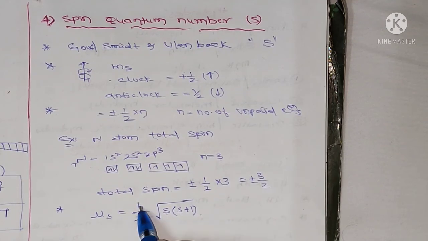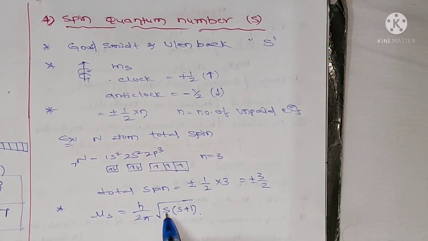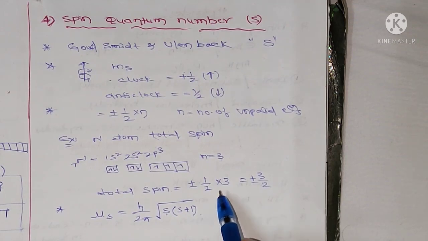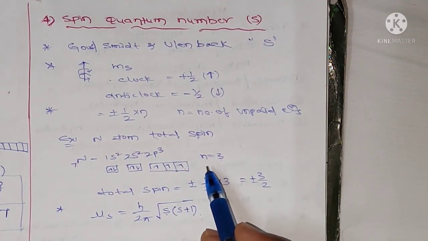Here h is equal to Planck's constant and s is equal to spin. So this is about the spin quantum number.